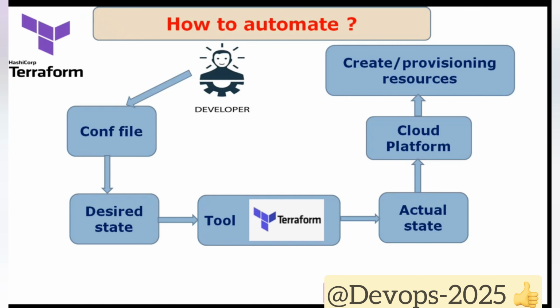Instead, you can create it in your dev environment, dev server or build server and do the test. If everything is working as we expected, then we can deploy the same thing into the client environment or production environment. So that is how infrastructure as code is very useful and why people have adopted it.